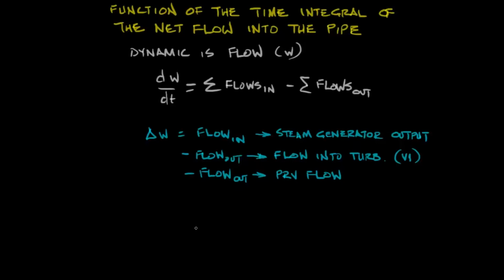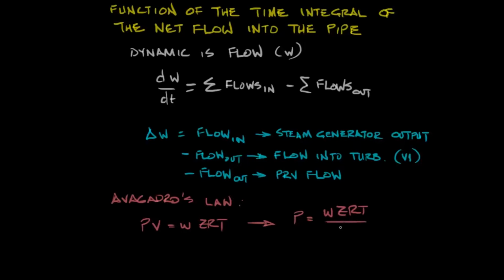That's only going to happen if the turbine can't handle all the flow that the steam generator is producing. So, looking at Avogadro's law, the old PV equals nRT, you can expand that to the weight flow instead of the mole flow, and temperature and gas constants.